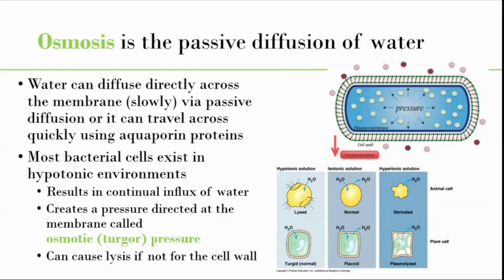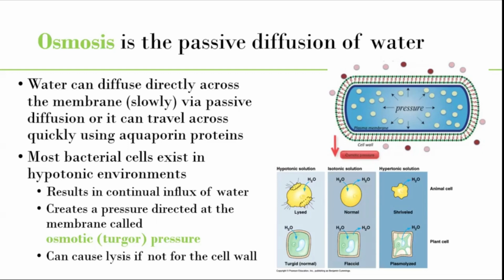So technically, water can naturally diffuse across the membrane. It just does so very, very slowly. So in this case, the movement of water across a membrane through passive transport is called osmosis. And the problem is that whenever that happens, it usually will bring dissolved substances with it. So that's why it's a special case.